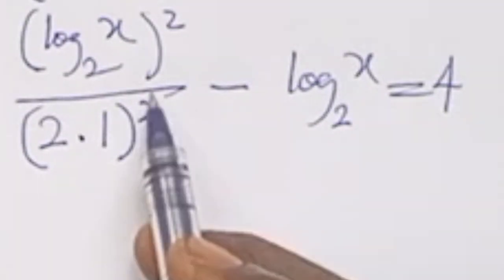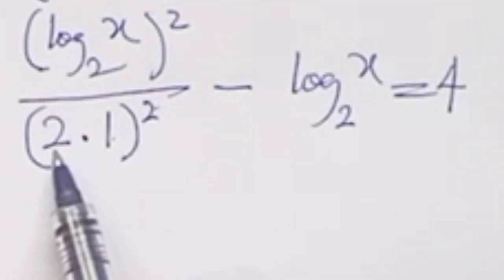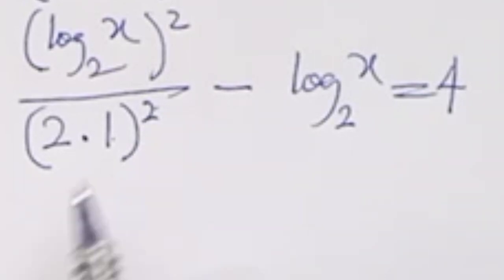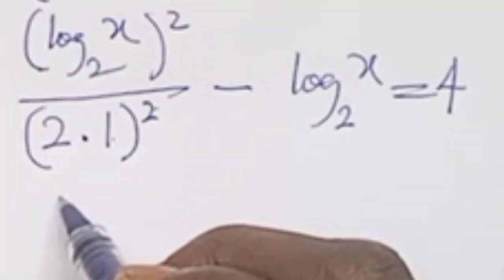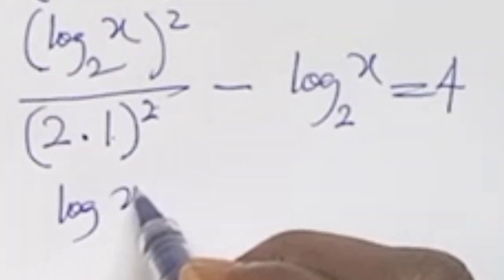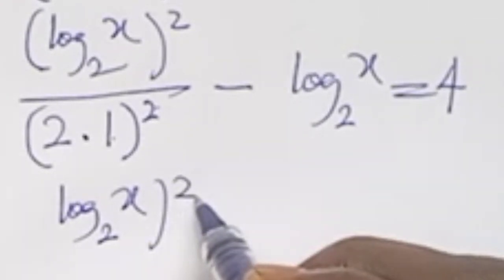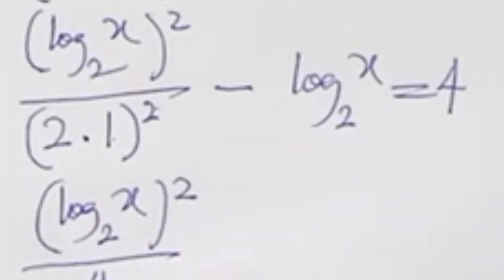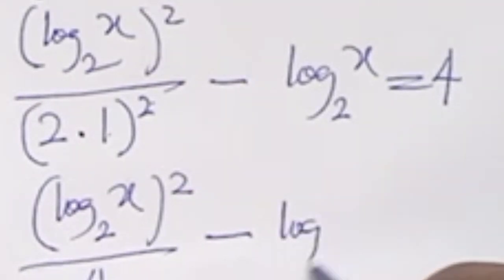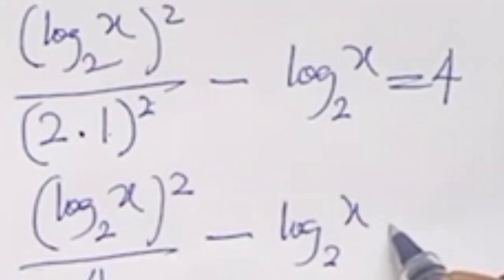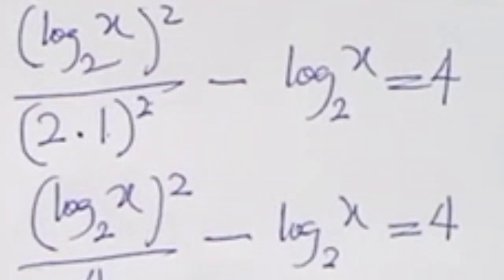And the next line will therefore become 2 times 1 will be 2, and 2 to the power of 2, that is 4. And this becomes (log x to base 2) to the power of 2 all over 4, which is the denominator, minus log x to base 2 equals to 4.